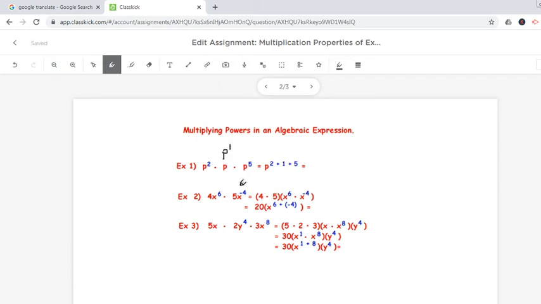P to the 1. That's why we have 1 here. So p squared, p to the 1, p to the 5th. So add exponents. 2 plus 1 plus 5. 2 plus 1, 3 plus 5, 8.